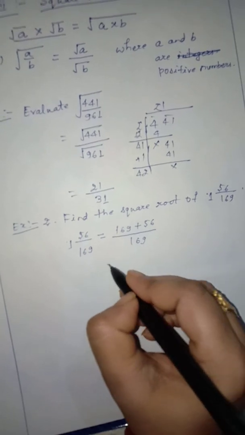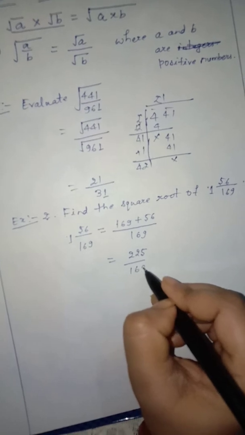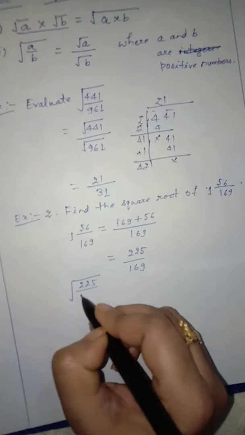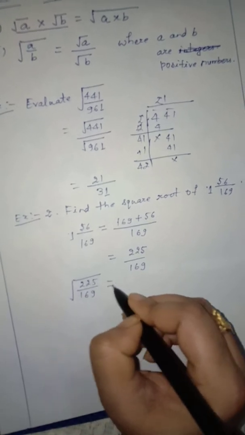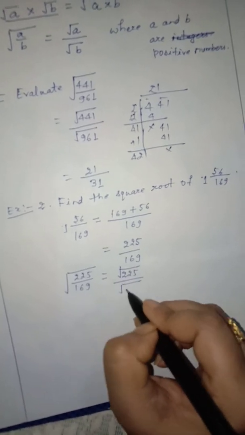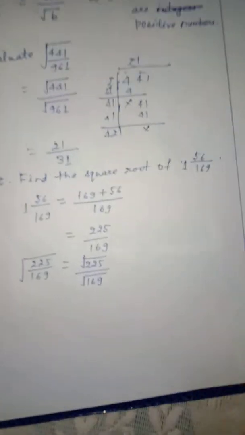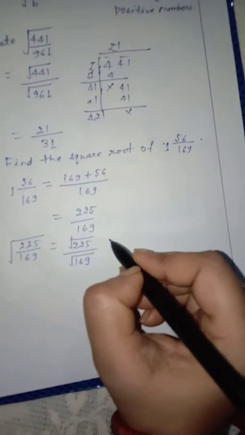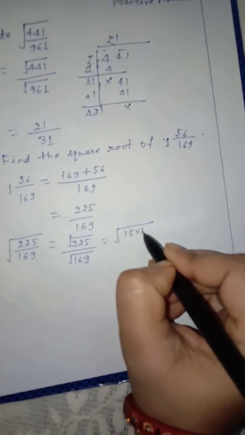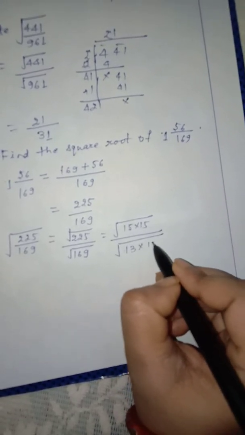So 169 plus 56 is 225 divided by 169. Now the square root of 225 divided by 169. We know that 225 is the square of 15, 15 into 15, and 169 is the square of 13, 13 into 13.